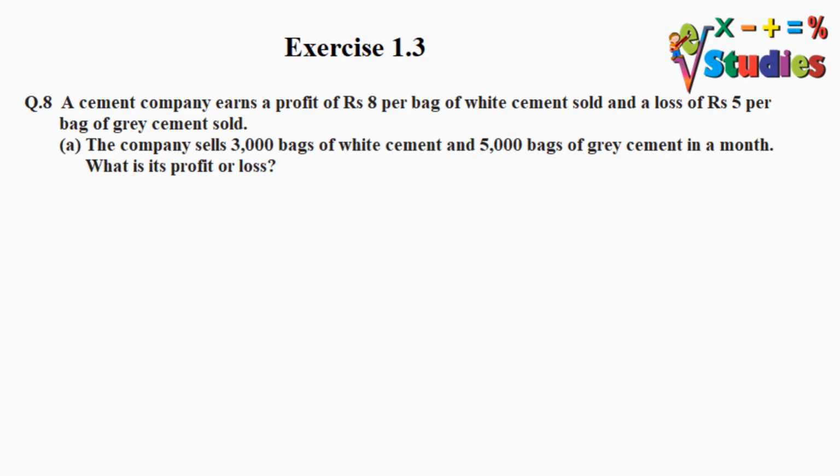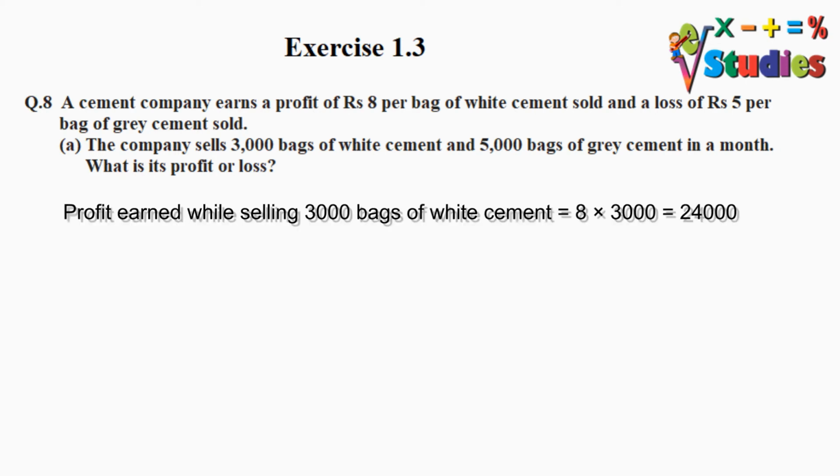So students, here we have to show the profit as a positive integer and a loss as a negative integer. So let us first find out the profit earned by selling the white cement. Here the total bags of white cement sold are 3,000 and the profit earned per bag is rupees 8.